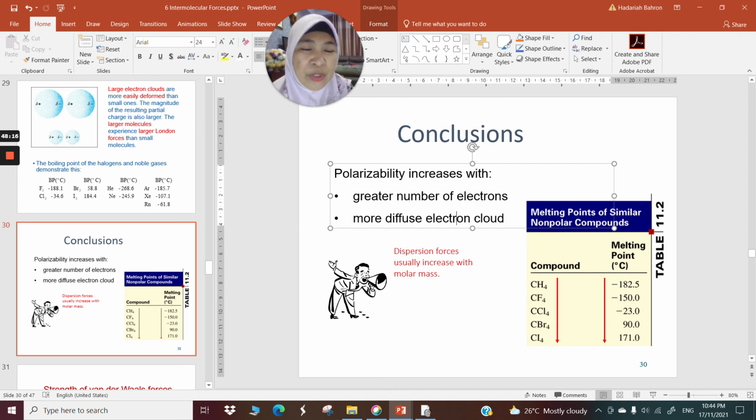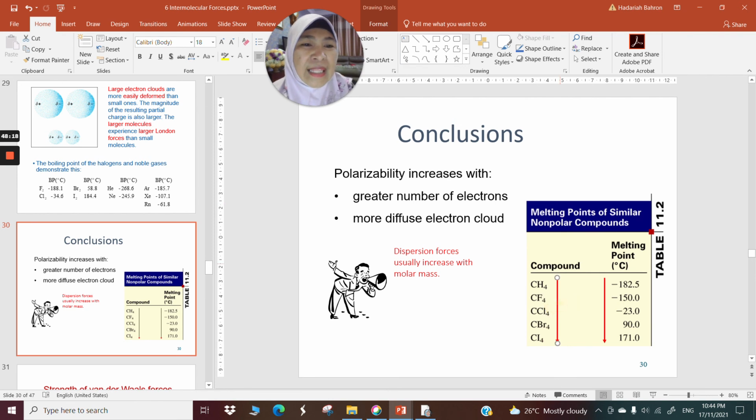I hope you are going to be able to explain the melting point of these non-polar molecules. How is CI4 having a higher melting point than CH4?